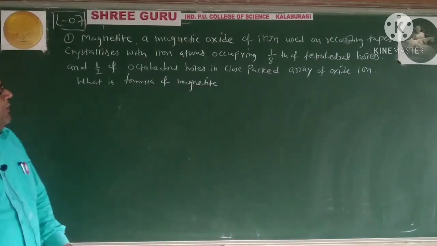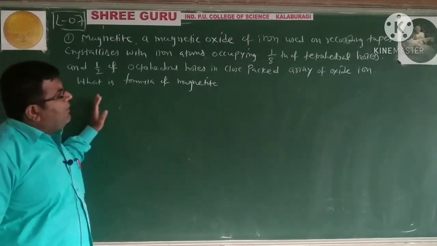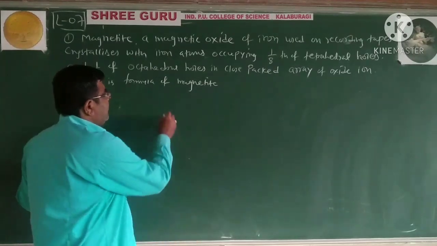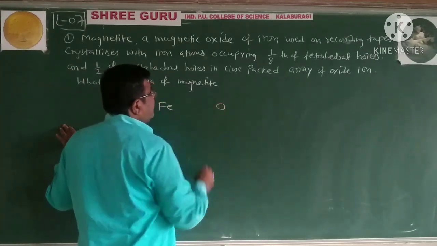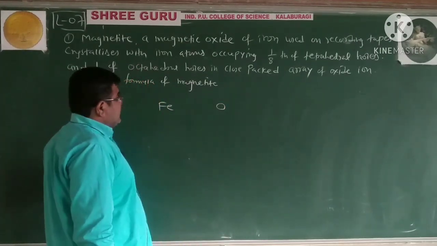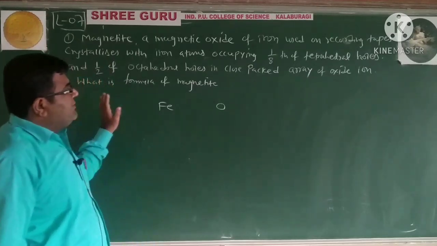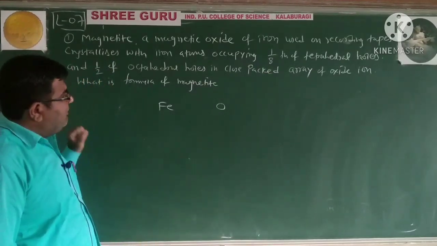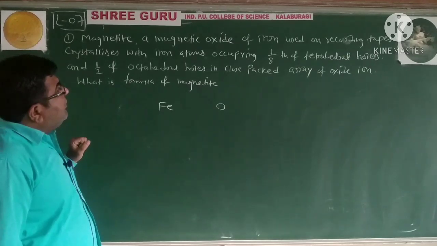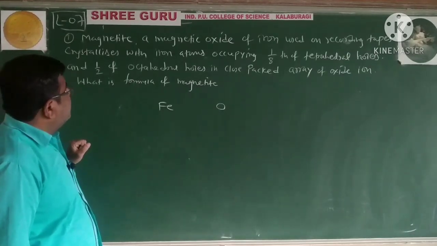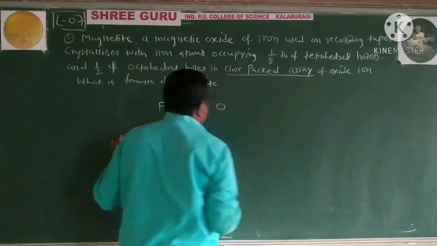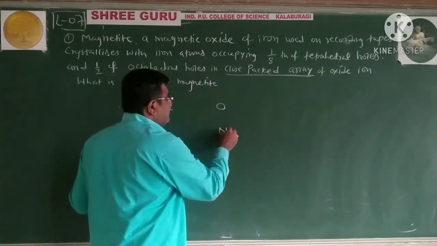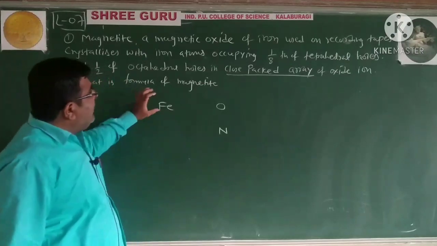So we have iron atoms, Fe, and oxygen, the oxide ion, present in that particular compound. Now oxygen is closely packed, so for that we have to consider this as N. And where is iron present?